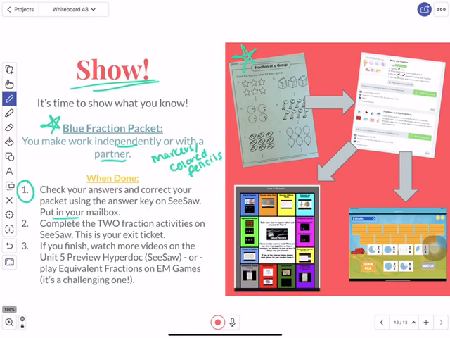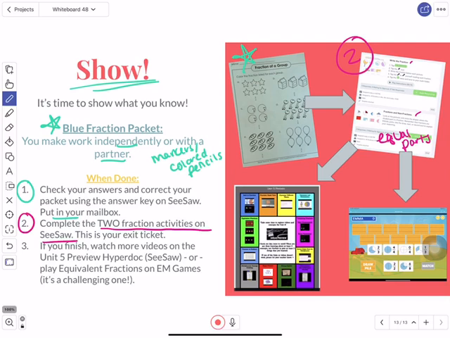Then you're going to complete the 2 fraction activities on Seesaw. So step 2 are these 2 fraction activities on Seesaw. Write the fraction and fractions and non-fractions. So this one is really looking at equal parts.